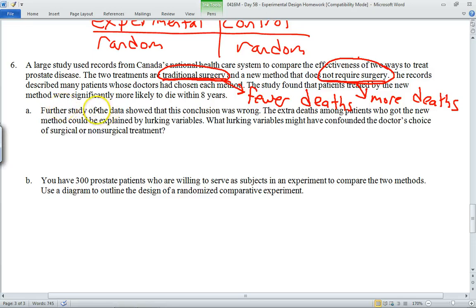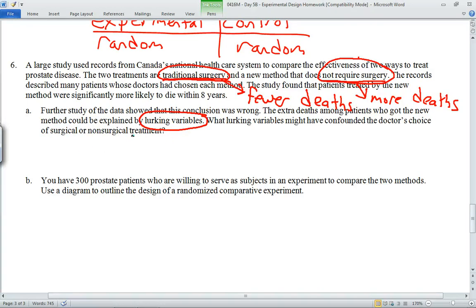Now, further study of the data showed that this conclusion was wrong. The extra deaths among patients who got the new method could be explained by lurking variables. What lurking variables might have confounded the doctor's choice of surgical or non-surgical treatment?